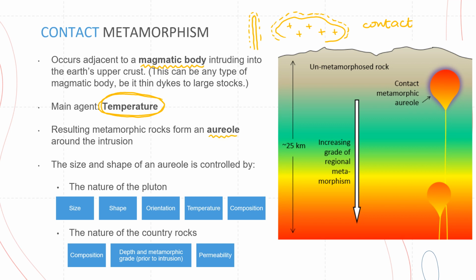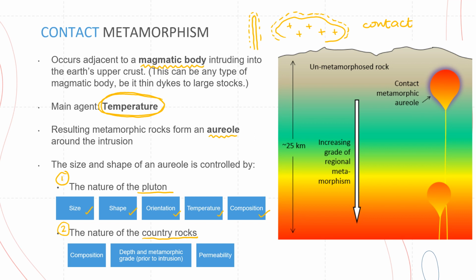The size and shape of this aureole would be controlled by two things. The first would be the nature of the pluton or the magmatic body, and the second being the nature of the country rock that it's come into contact with. When we talk about the nature of the pluton, this depends on the size, shape, orientation, temperature, and composition of the pluton.